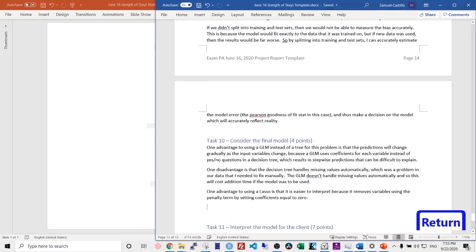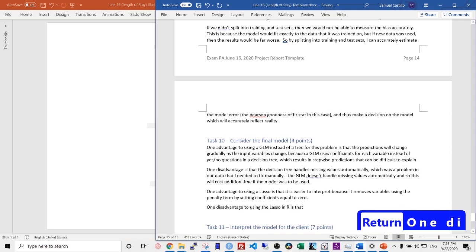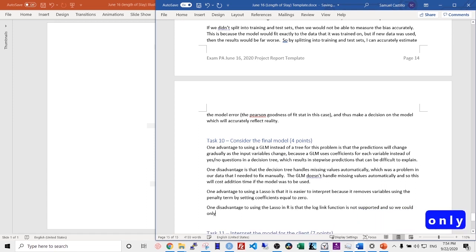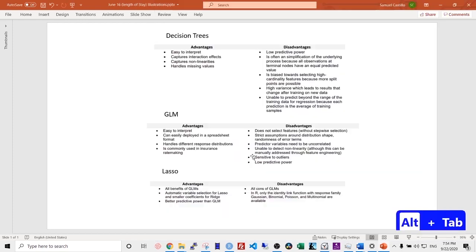So in R, one disadvantage to using the lasso is that the log link function is not supported, and so we could only use the identity link. You could also think about the age coefficients that we talked about in the GLM.